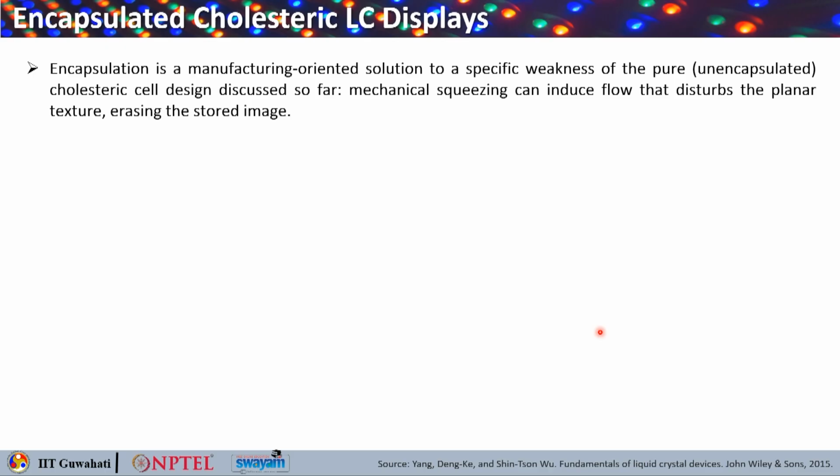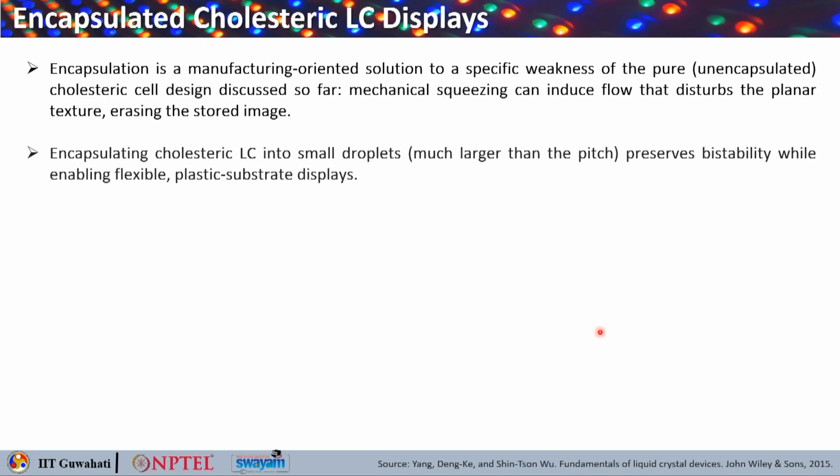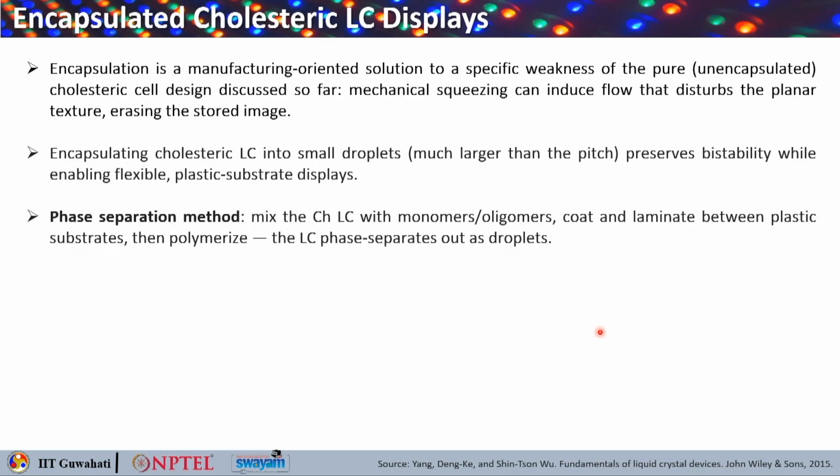Here we'll see that mechanical squeezing can induce flow that disturbs the planar texture, erasing the stored image. Encapsulating the cholesteric liquid crystals into small droplets, which are still much larger than the pitch, will preserve the bistability while enabling flexible plastic substrate displays. So what are the methods? One can be the phase separation method.